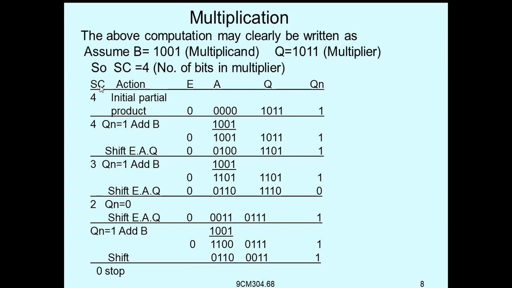SC means sequential counter, E is the carry bit, A is the partial product, Q is the multiplier, and then Qn.